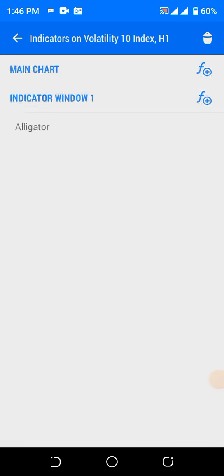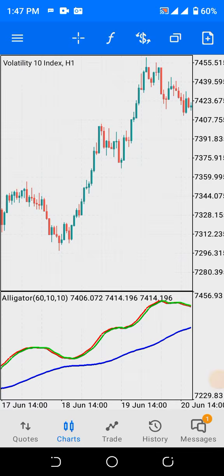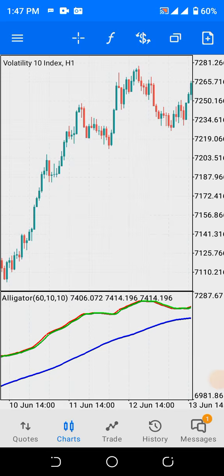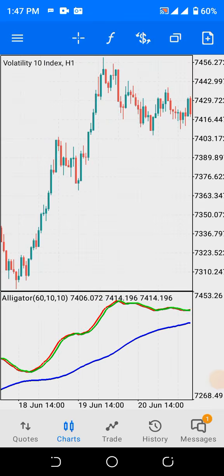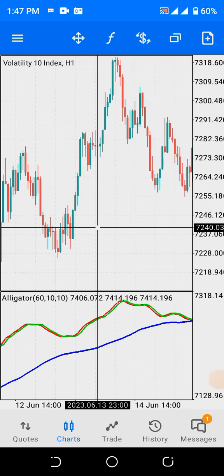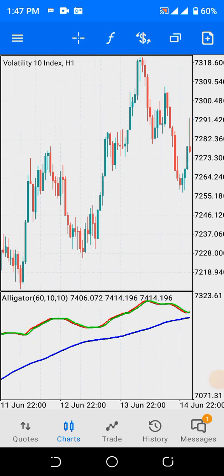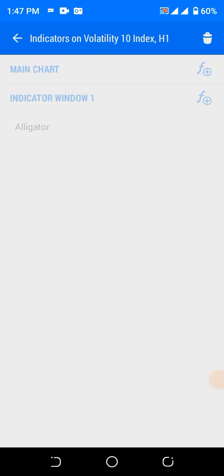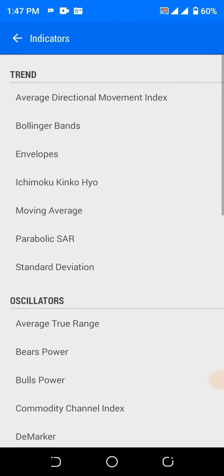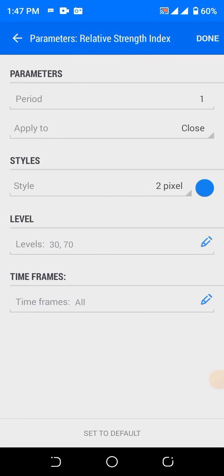Now let me show you another thing. As you can see, if you insert this particular strategy straight away, it will go to the main chart section. So what you need to do is insert RSI. Look at this. Insert the relative strength index first of all.